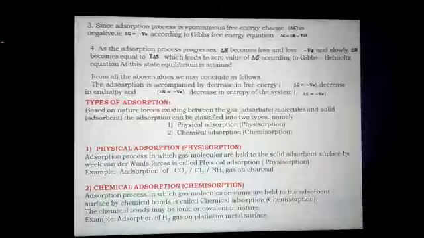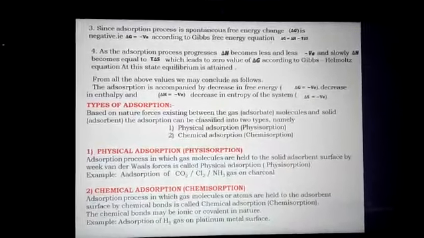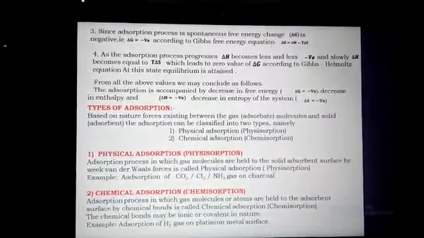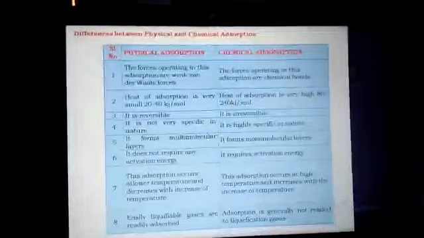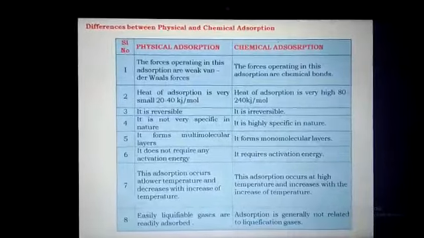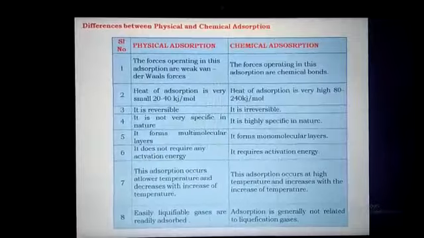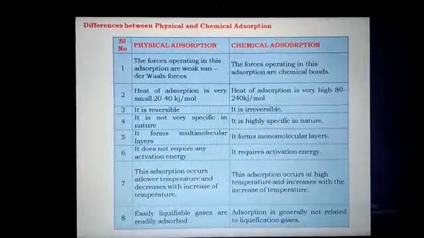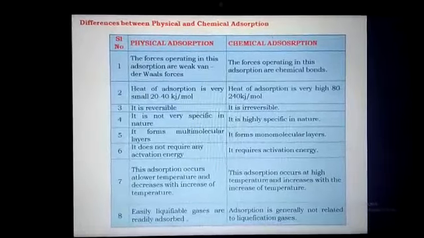For example, adsorption of H2 gas on a platinum metal surface, with platinum as the adsorbent. It is a very important concept for your examination: the differences between physisorption and chemisorption.